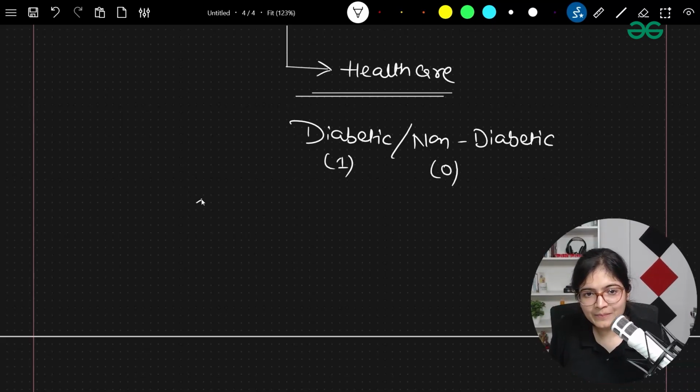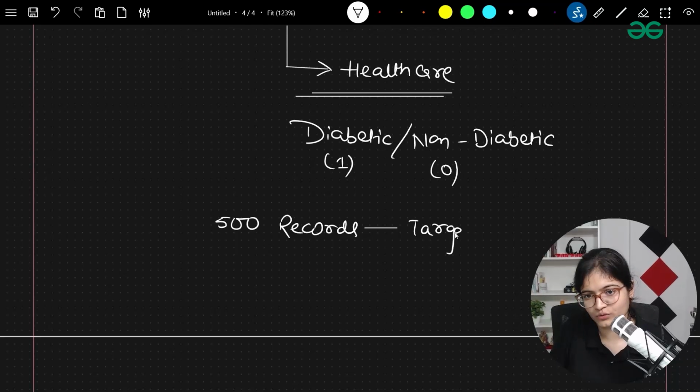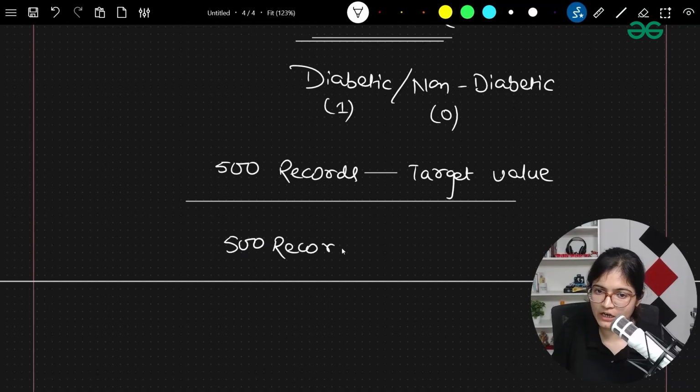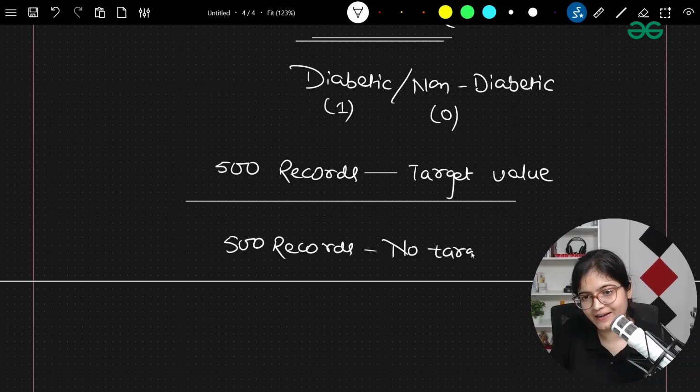Out of 1,000 records that we have, 500 records are labeled, which means we have a target value corresponding to them. But for the remaining 500 records, we have the patient data, but there is no target value available.